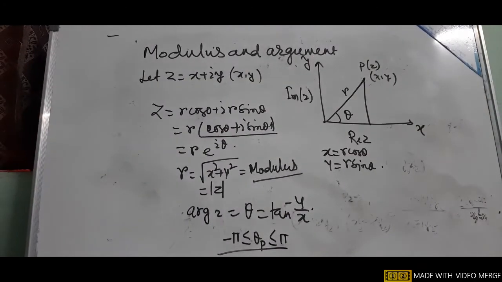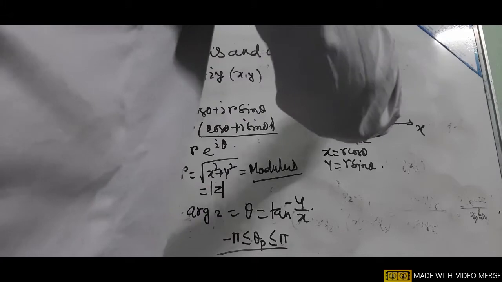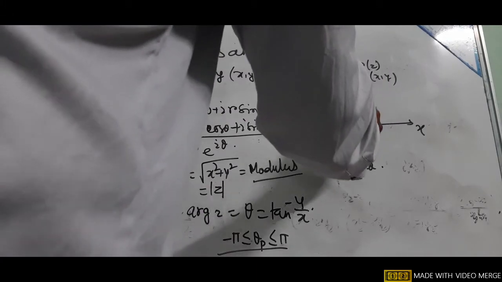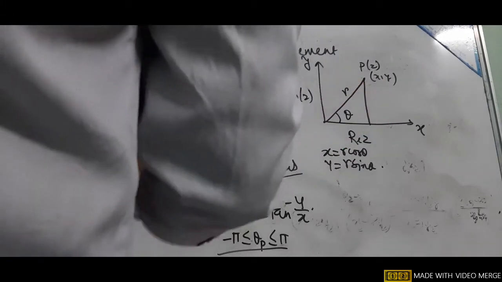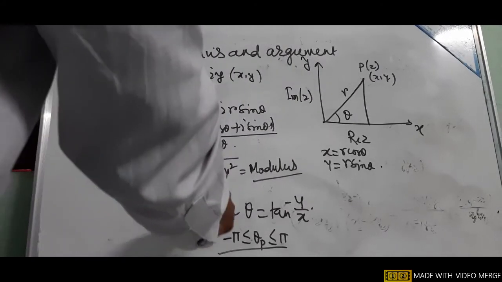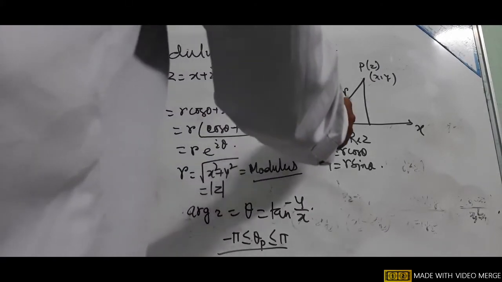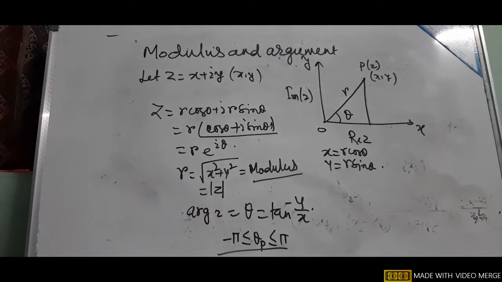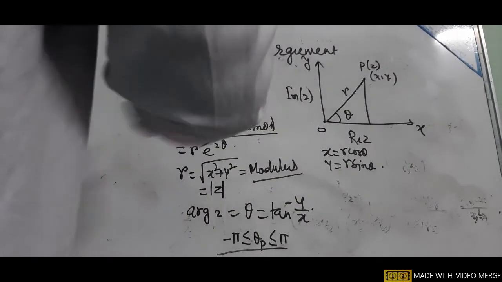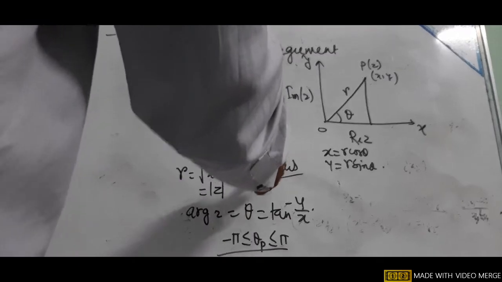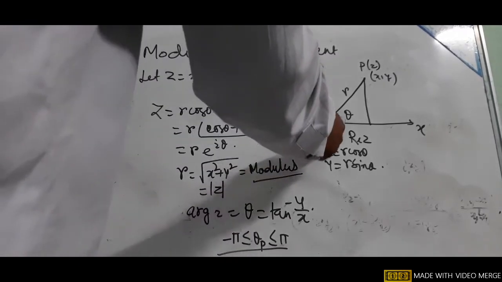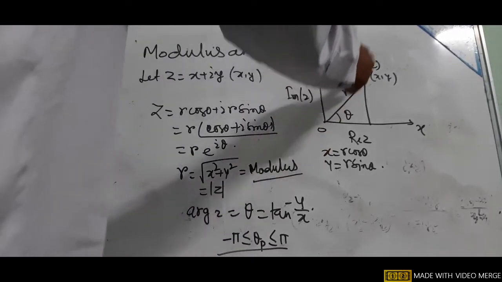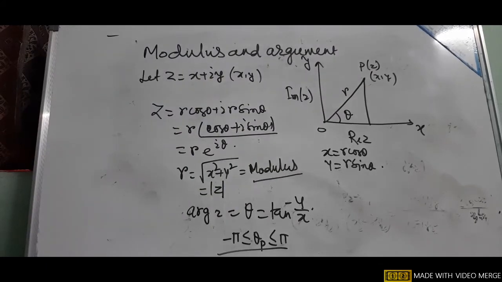So that is the principal value of the argument. This is the modulus, and this is the argument of the complex number. The modulus is simply the distance from the origin to the point in the complex plane. So this is the formula by which we find the modulus and the argument. Argument is the angle, and the modulus is the radius vector.